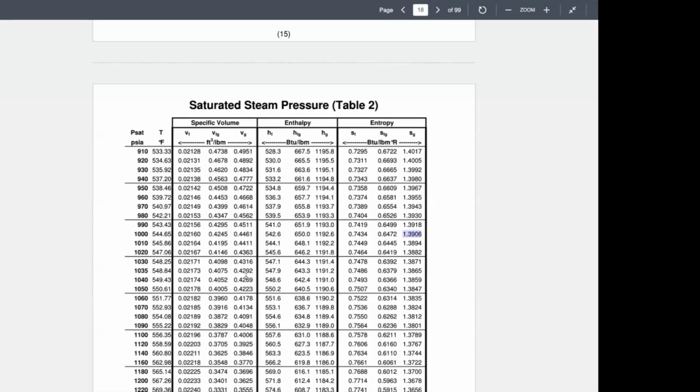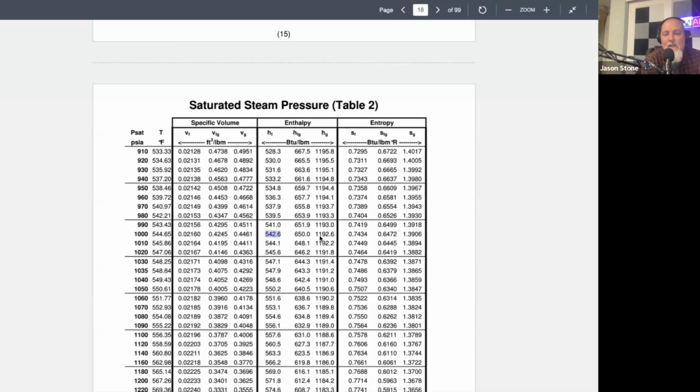What we're going to be dealing with a lot in this program is we don't care about what it is when it's a liquid, or when it's steam, especially the enthalpy of the liquid and the enthalpy of the steam. We care about, say, the steam is only 98% quality going into the turbine.